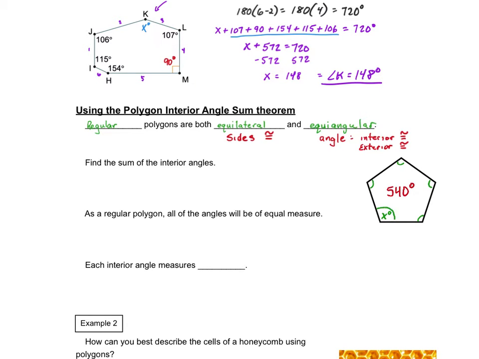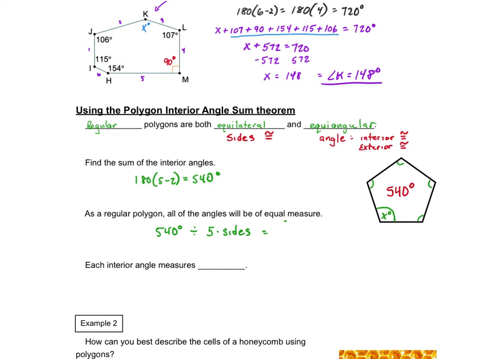So I have 5 congruent angles. I have the sum, which was 180 times 5 minus 2 equals 540 degrees. And then in order to find out how much each one of them is, I take that 540 degrees and divide it by the number of sides, which is 5 sides.